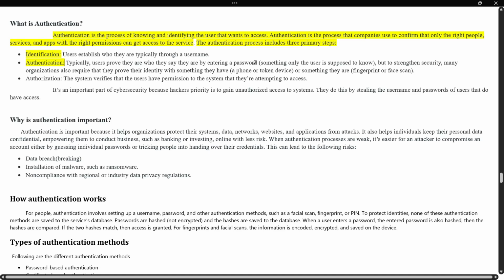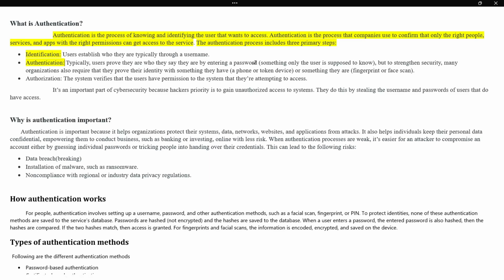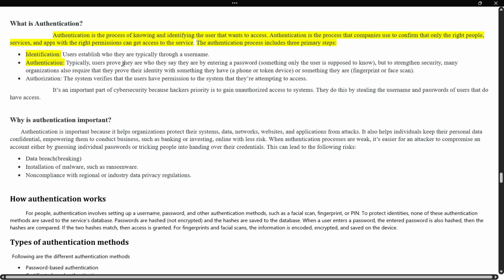By entering the password, they authenticate: this username and password match in the system, and this person has access to our system. By using the password, they prove who they are, something only the user is supposed to know. But to strengthen security, many organizations also require that they prove their identity with something they have, like a phone, token or device, or something they are, like a fingerprint or face scan.